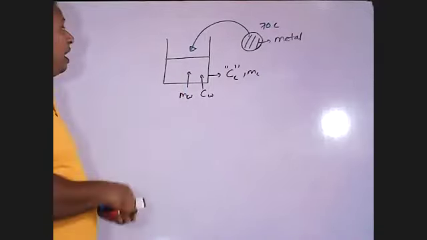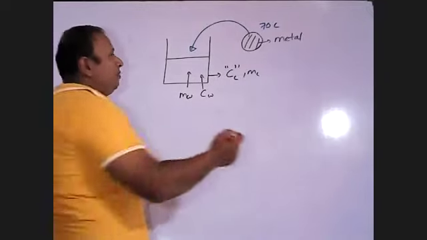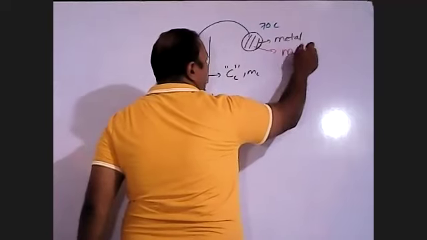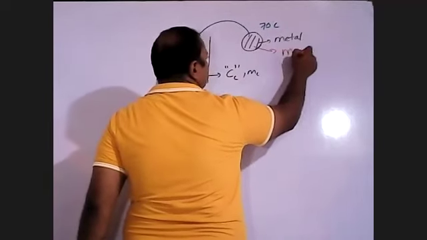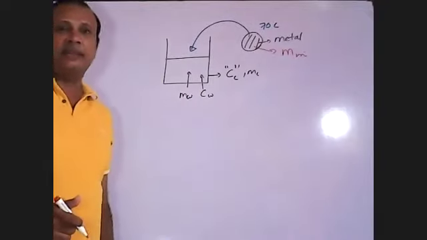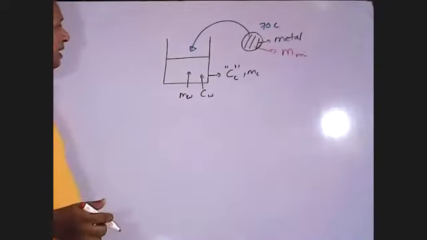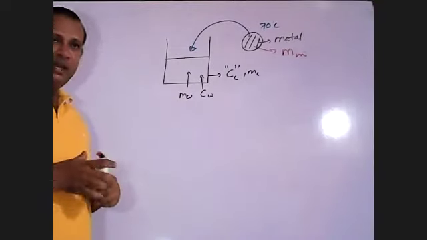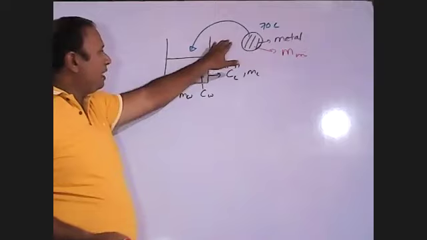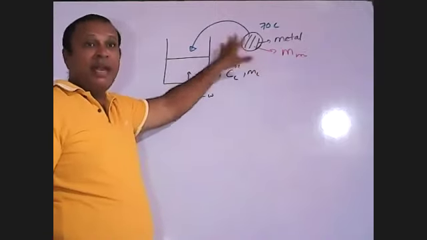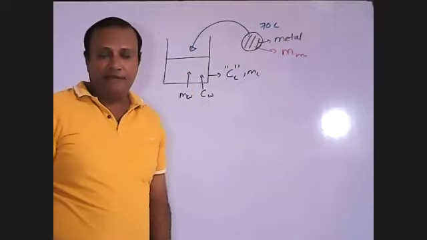The other thing, you have to measure the weight of the metal ball. If you know these data, then you can write an equation. The heat lost by this metal ball can be determined using MC theta.